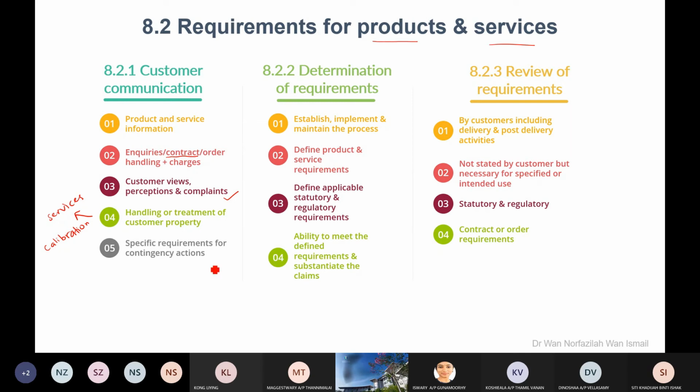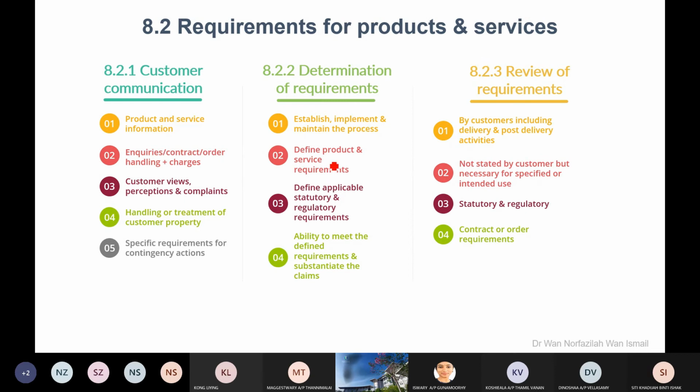Next, specific requirements for contingency actions. Contingency, anything that is out of the scope. Suddenly it happens, so you must prepare specific requirements for the contingency actions. And then 8.2.2, after you know what should be communicated with your customer and how to communicate, you need to determine the requirements. Establish, implement and maintain the process to produce your products or provide the services.